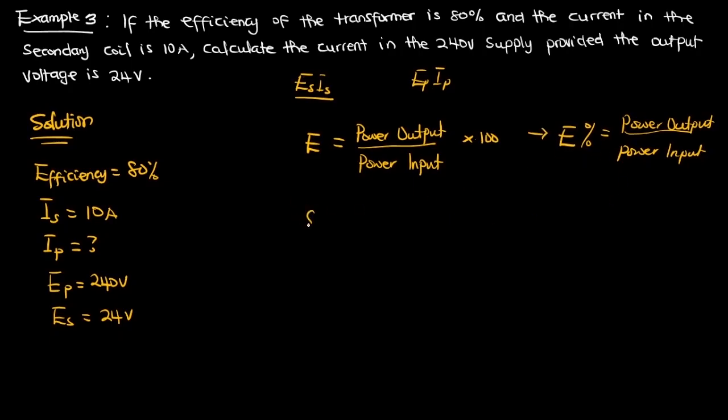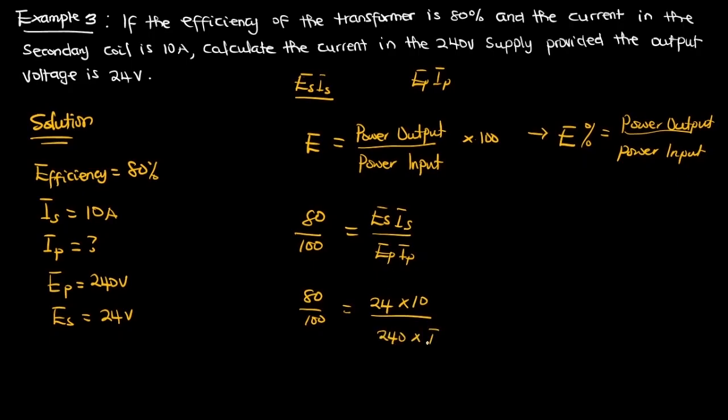The efficiency given to us is 80%, so it's 80 over 100, which is equal to ES multiplied by IS over EP multiplied by IP. So I have my 80 over 100 is equal to my ES, 24, multiplied by my IS, which is 10, all over my EP, which is 240, multiplied by IP, which I do not know.